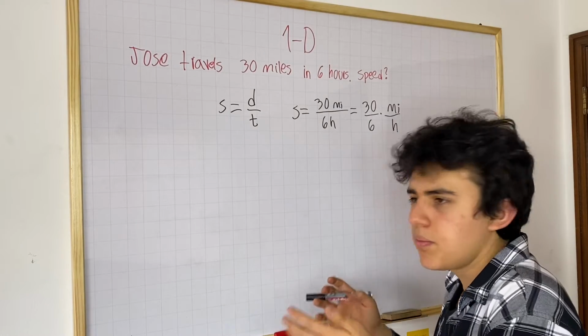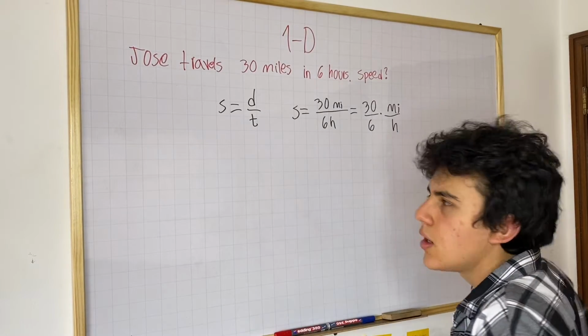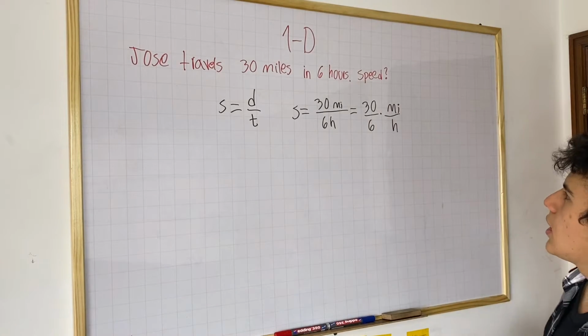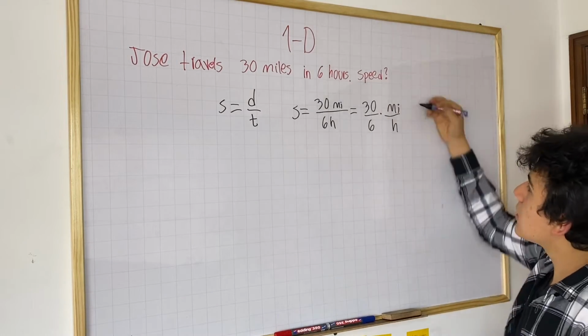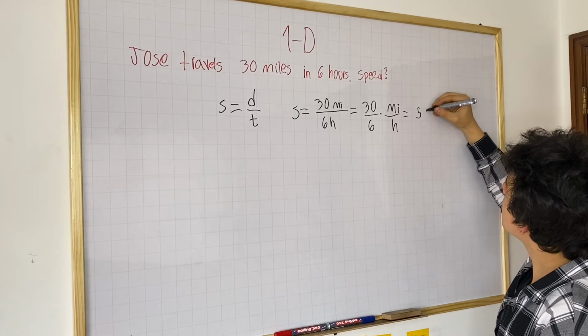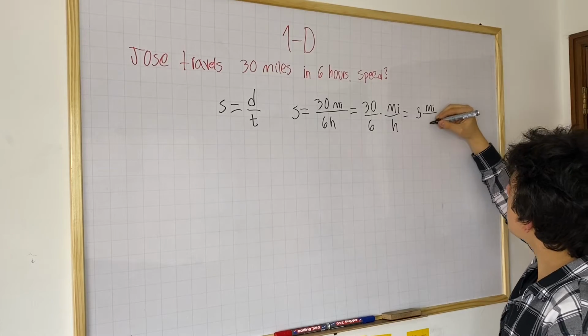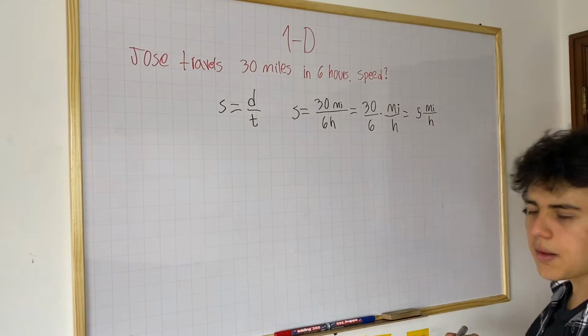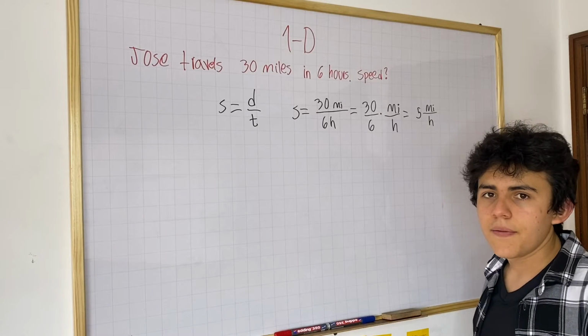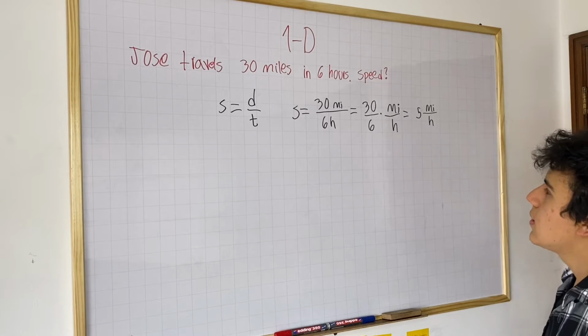You can put them outside of the expression, not the equation, the expression. Now 30 divided by 6, we know that is 5. So we have 5 times miles divided by hours. This is the same as Jose traveling 5 miles in 1 hour. That is Jose's speed.